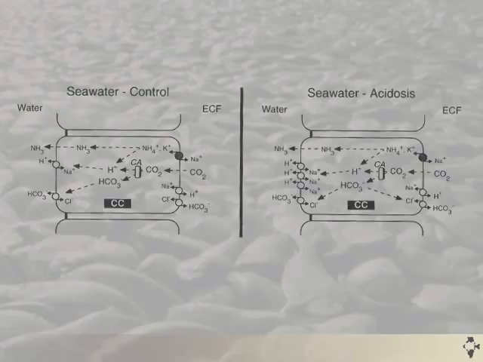You'll also see the same kind of thing, the same rapid increase in bicarbonate ion co-transporters, more of that bicarbonate being pushed out. Again, keep in mind that this process of acid-base balancing and hydrogen ion export is counter to what these fish want in terms of osmoregulation.